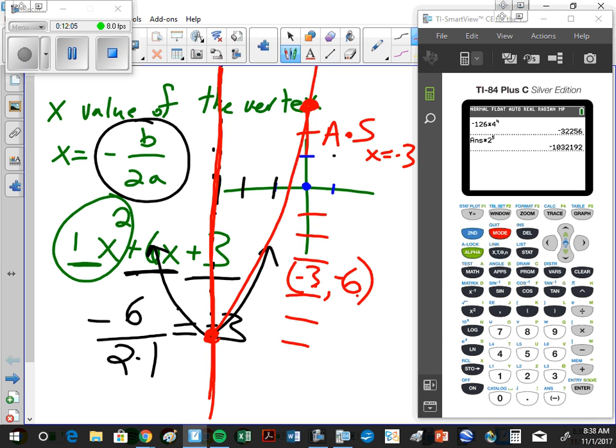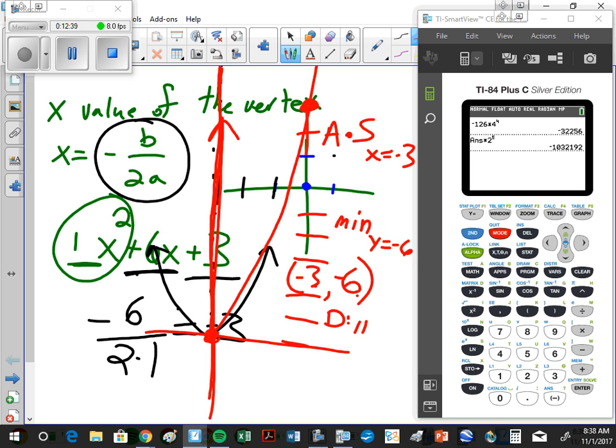Okay? Does this parabola have a maximum or a minimum? It has a minimum. What is the lowest value? -6. So the minimum is going to be y equals -6. What is the domain of that parabola? All real numbers. What is the range? So the lowest value is -6. Everything from -6 up.